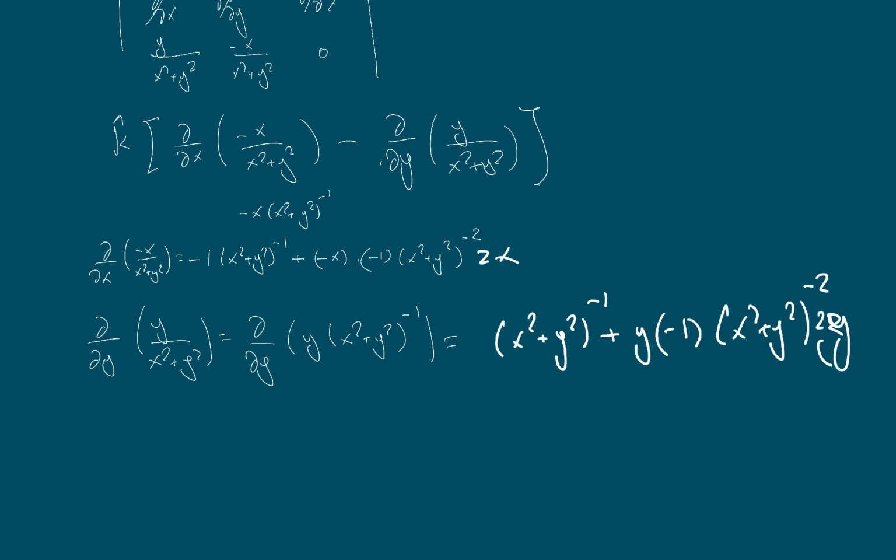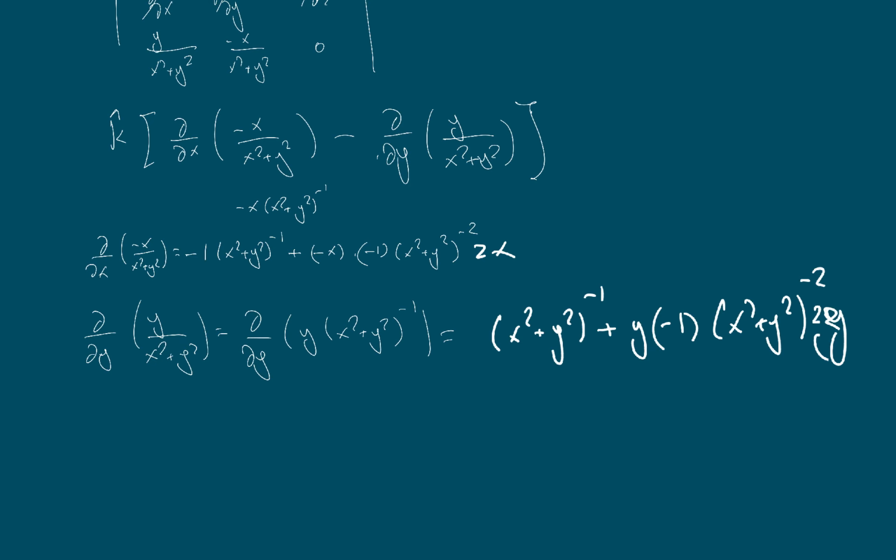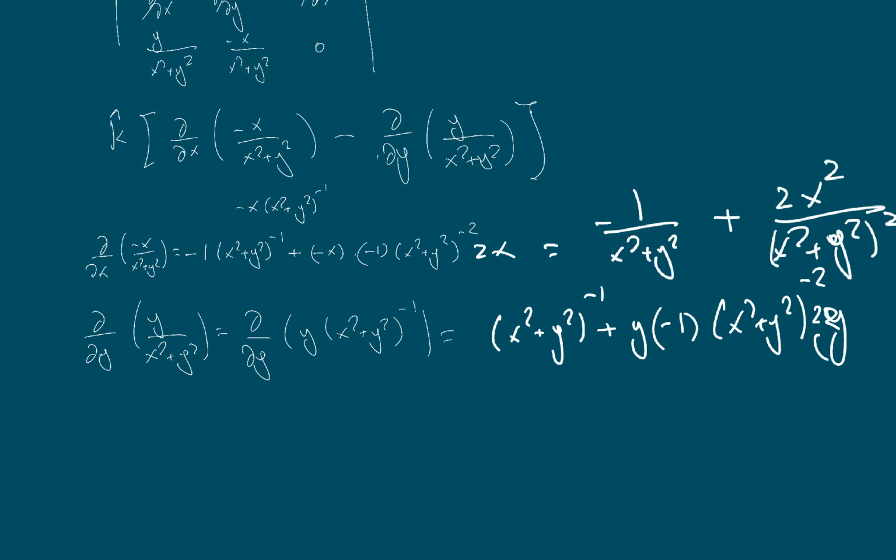Now let's go to see what it says. It will be minus 1 divided by x squared plus y squared, plus, minus minus is plus, x multiplied by 2x is 2x squared, and we'll go in the denominator x squared plus y squared, squared.